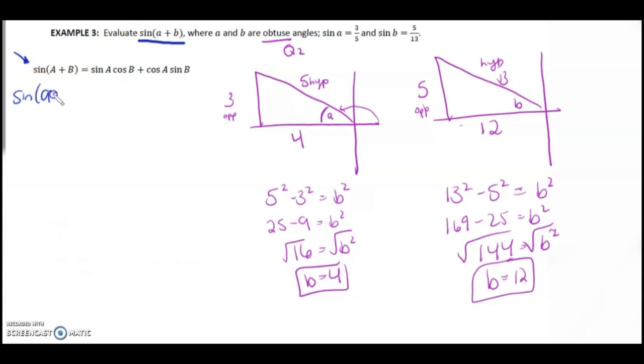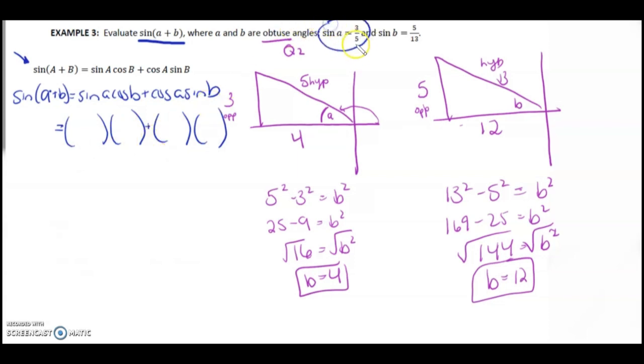So sine of A plus B equals sine A cos B plus cos A sine B. Let's go ahead and sub in these four ratios. Sine A is already given to us, it's 3 over 5. Sine B is also given to us, 5 over 13.